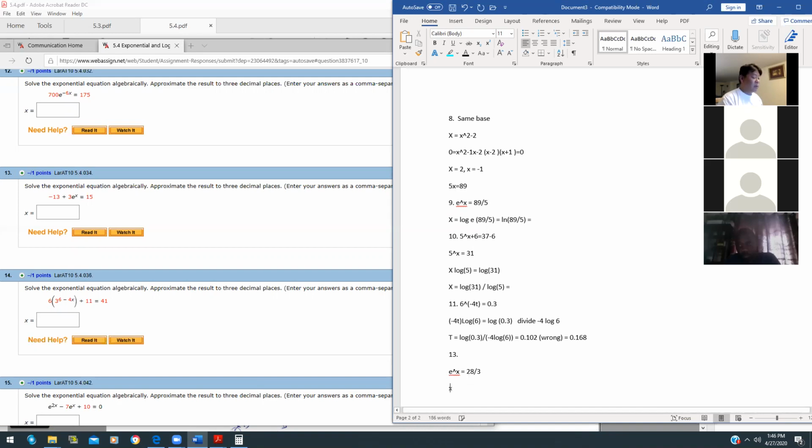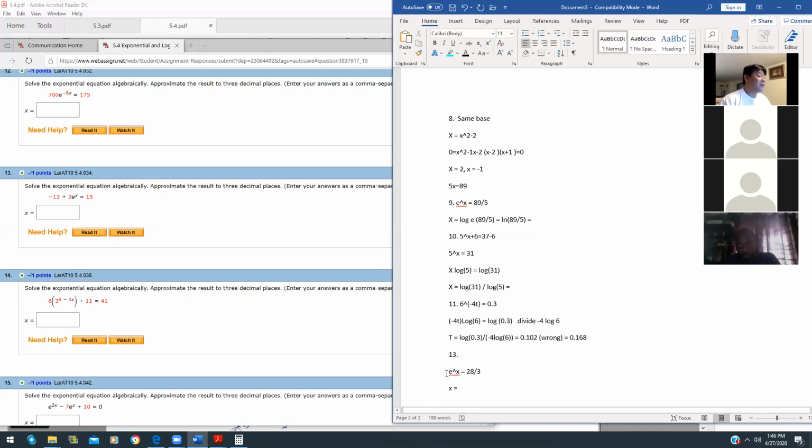Do you know what happens when you move your e over? Once you move your base e over to that side, it becomes something.